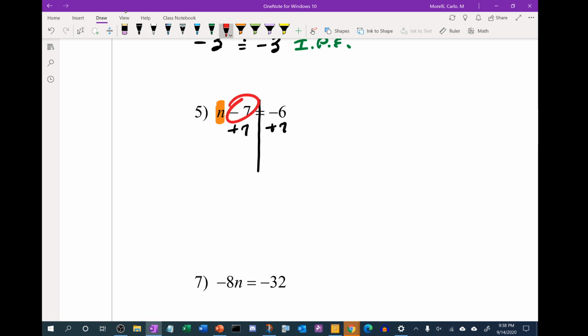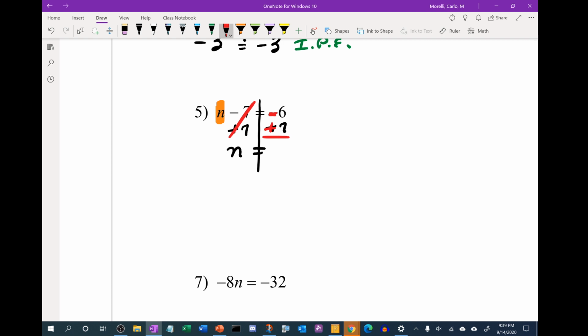Remember, if you have negative something plus itself, you know it's going to be 0. You could write that, but you don't have to. You can kind of do this. Bring down this n. n equals. Now be careful here. There's a little alligator right here. You got negative 6 plus 7.